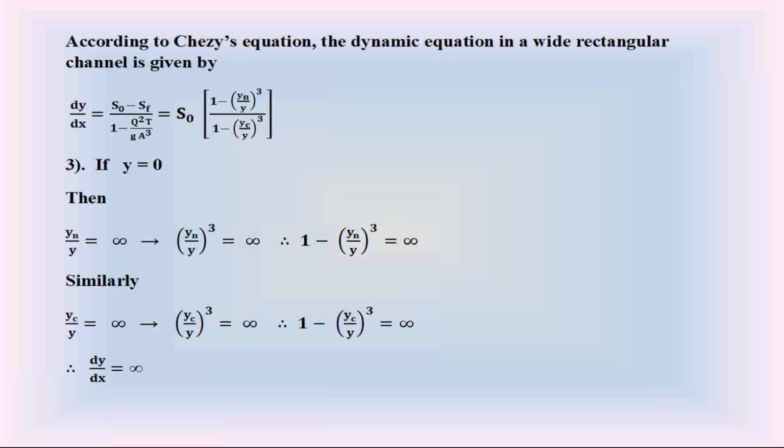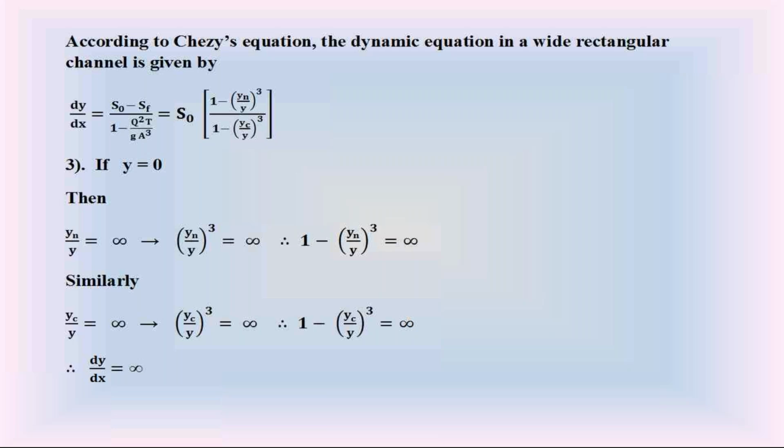So in today's class we discussed the determination of critical depth yc and the determination of normal depth yn, and the dy by dx value in zone 1, zone 2, zone 3. In zone 1, dy by dx is positive. In zone 2, dy by dx is negative. In zone 3, dy by dx is positive.